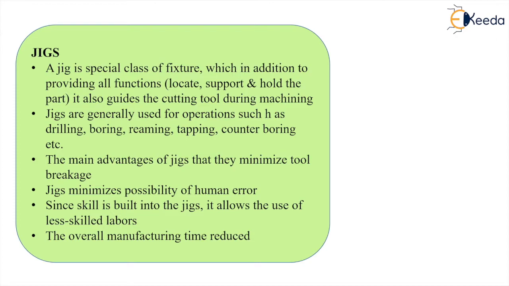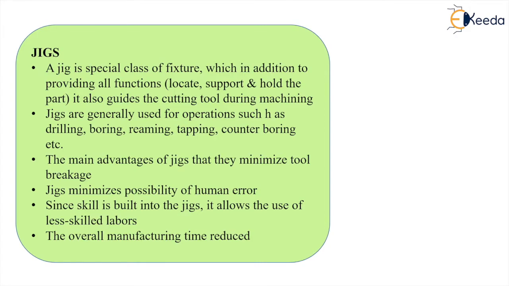The main advantage of jigs is that they minimize tool breakage because they support the tool during the operation, isn't it? And a jig also minimizes the possibility of human error by making the loading of the part into the jig in only one way against the locator.